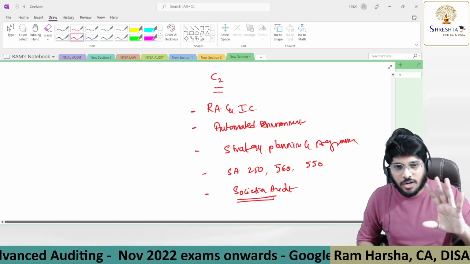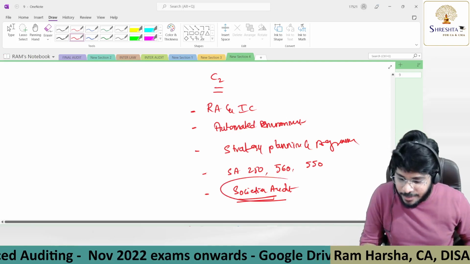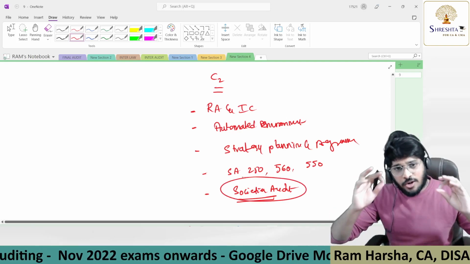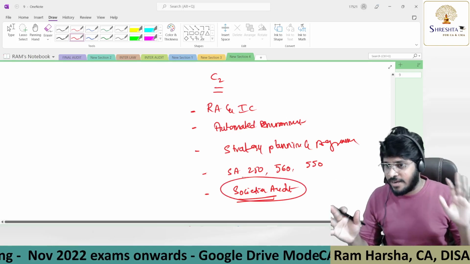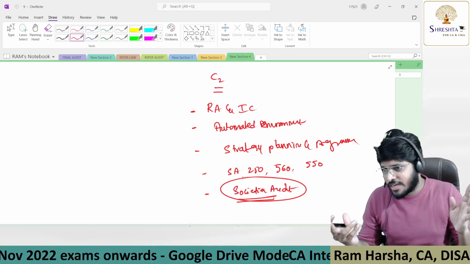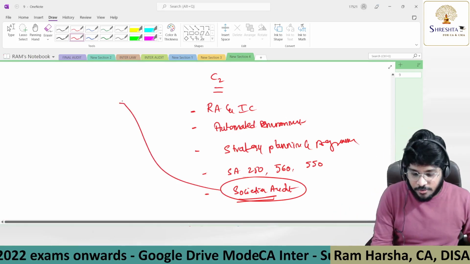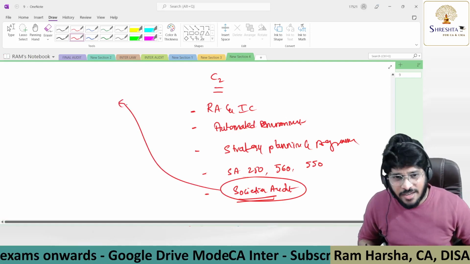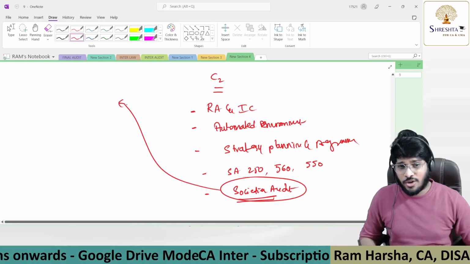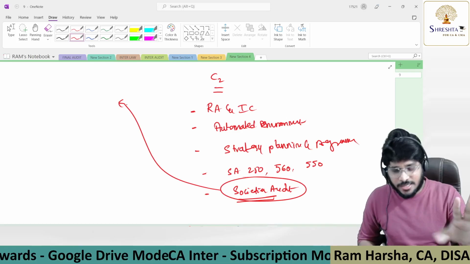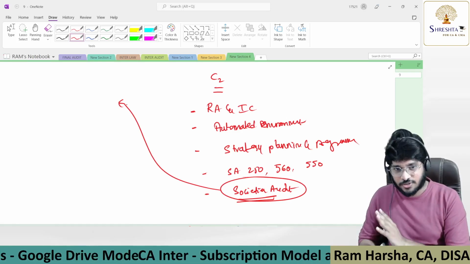If you think you are not confident in societies audit, then keep it under the second category. Suppose you have already read societies audit thoroughly and don't feel much difficulty in it, then keep it under the first category. If you never read this chapter, or you think you're not good at societies audit, don't risk it, keep it at last.